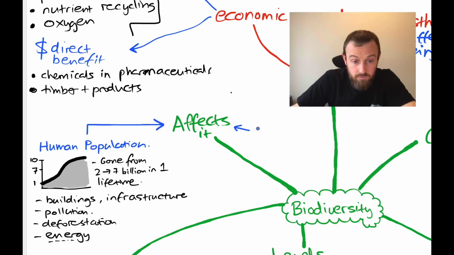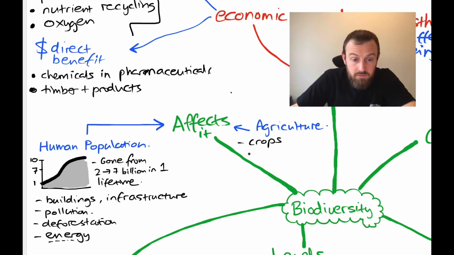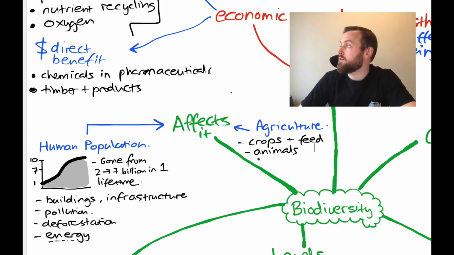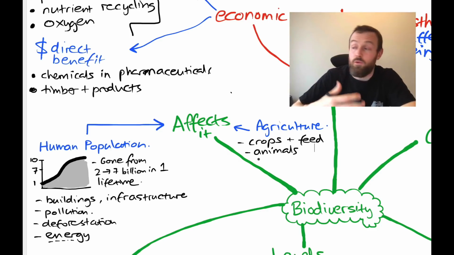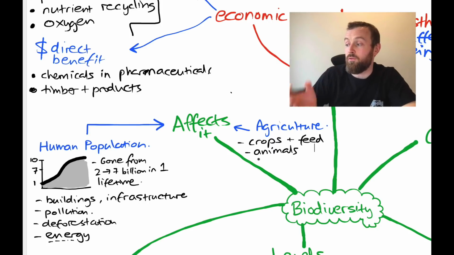I'm going to put this here. Agriculture can be divided into crops and animals. I'm going to write crops plus feed. That is land that we grow crops on for human consumption, like corn, and also land that we grow crops on for animal consumption.